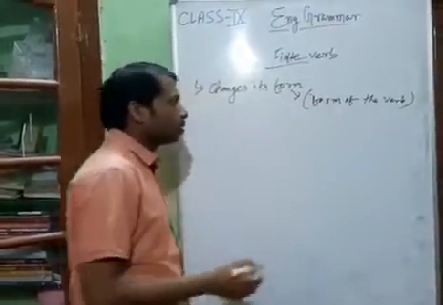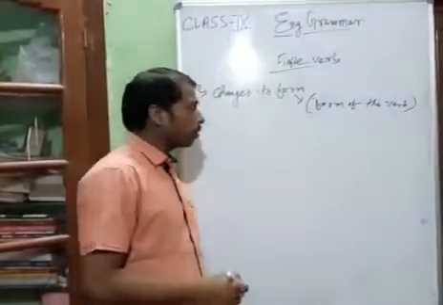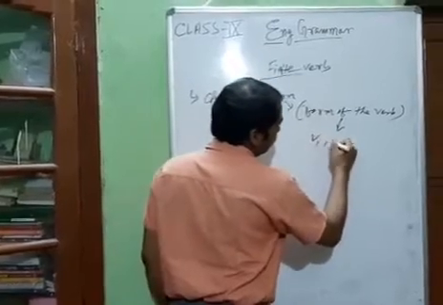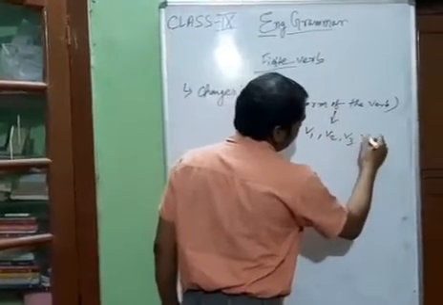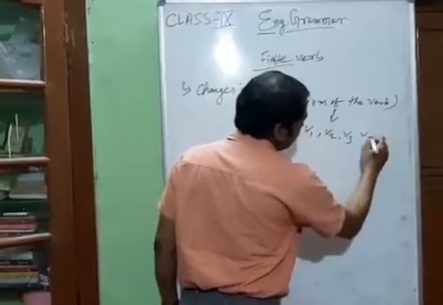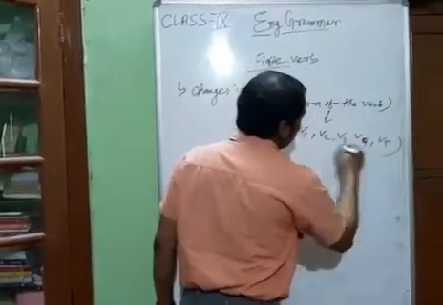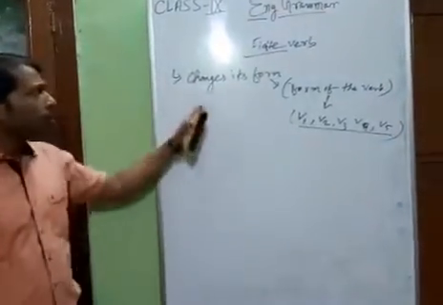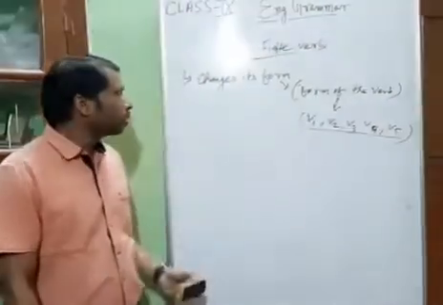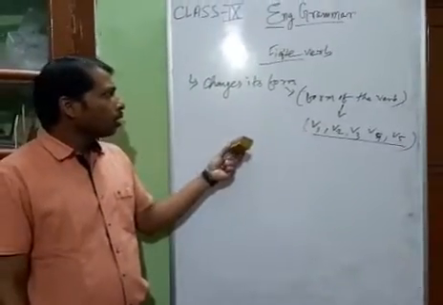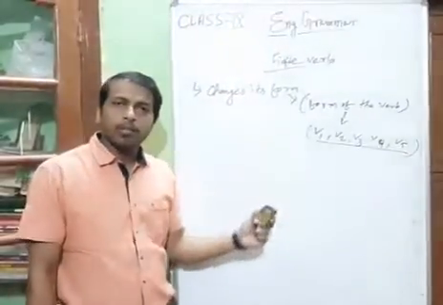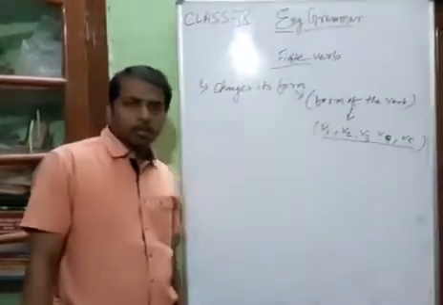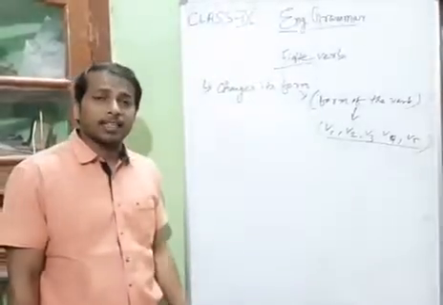The verb has five types of form. Some have 4, some have 5. They are V1, V2, V3, V4, V5. So which form a verb will take depends on whether the verb is a finite verb or a non-finite verb. Finite verbs will change their forms, whereas non-finite verbs remain intact as they are.